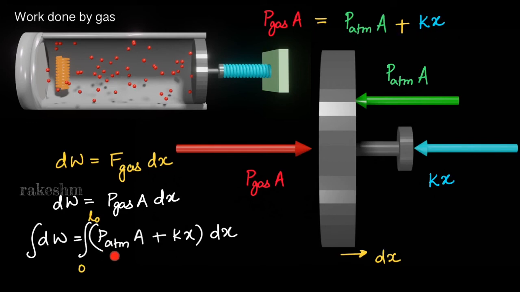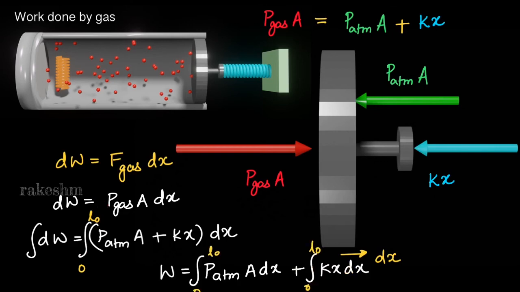Now let us integrate this expression. x varies from 0 to L0. The piston we had discussed has moved by length L0, so we are integrating from 0 to L0. In the next step, I am taking the integral inside and multiplying by dx. So we get integral dW, W equals integral of P atm into A dx, limits from 0 to L0, plus integral of kx dx, limits again from 0 to L0.